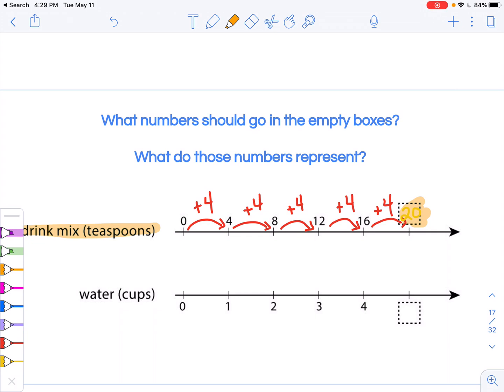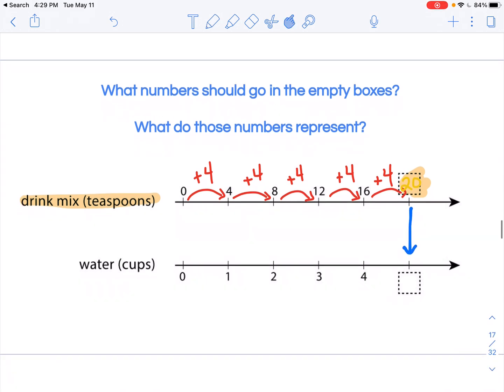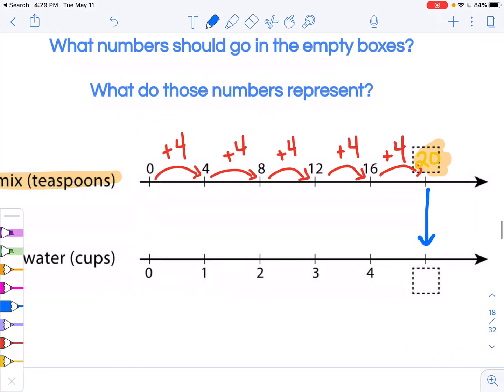But if I'm going to use 20 spoonfuls of mix, I need to look right below that to the number that goes here. And this one's a little bit easier. If I look at the water cups, think back to the ratio diagram. Every time I had 4 small squares, I had 1 big square. So every time I drew that, I kept adding 1 big square, which represented 1 cup of water. So this is a +1 pattern.